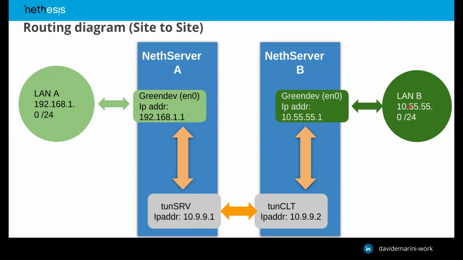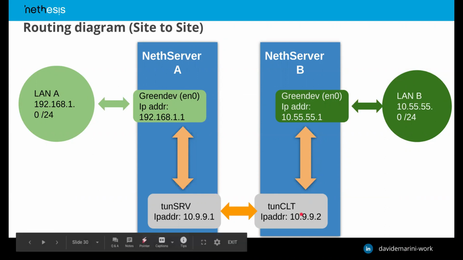So when a host from LAN B needs to talk with a host in the remote LAN A, it will send packets to its default gateway, that is, the NetServer B. Requests to LAN A will be managed by NetServer B and sent to NetServer A through the VPN tunnel.